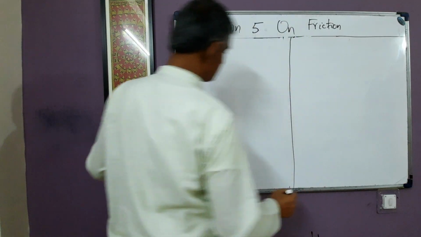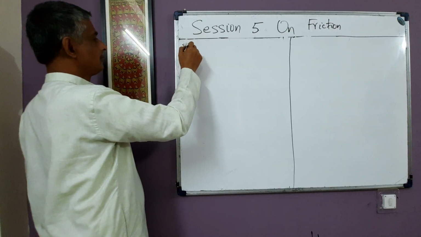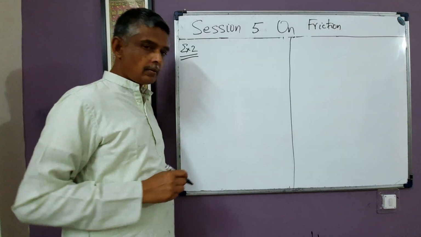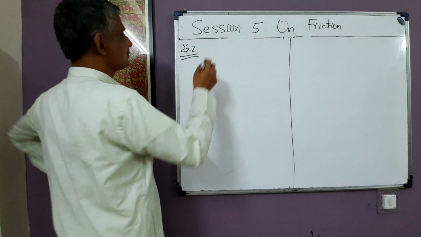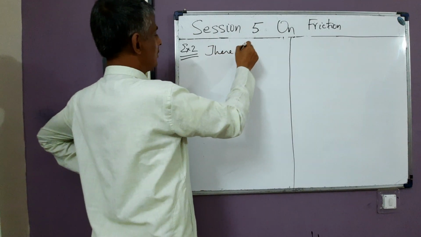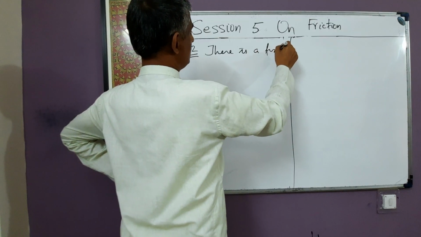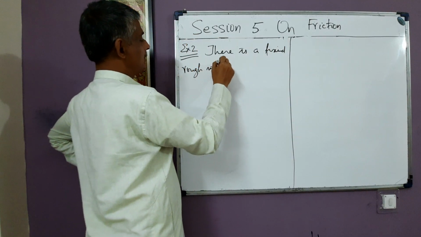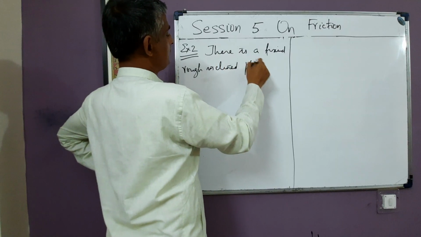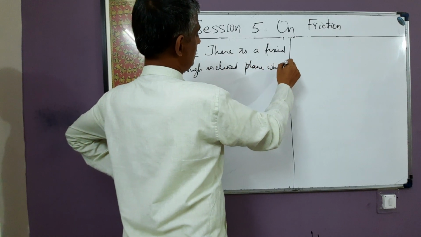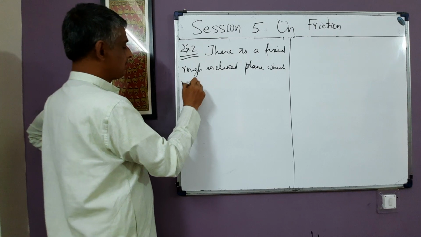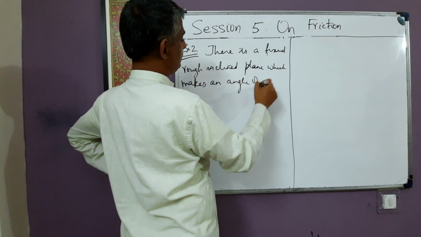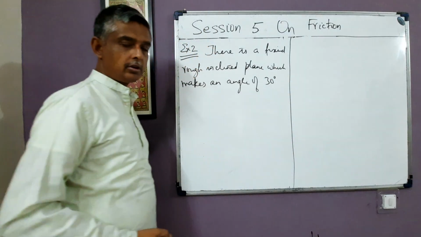Now I take another question. Example 2 is something like this. There is a fixed rough inclined plane which makes an angle of 30 degrees with the horizontal.